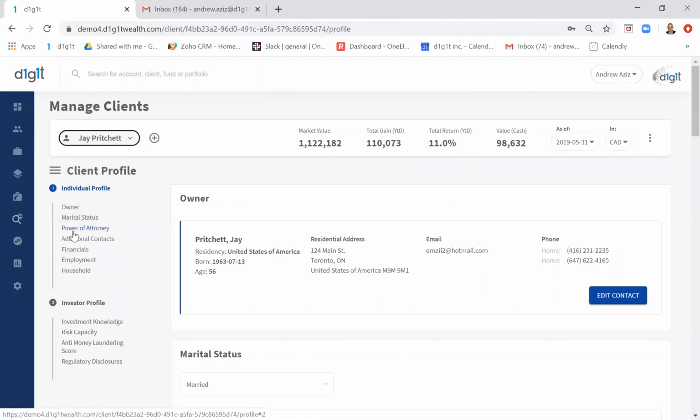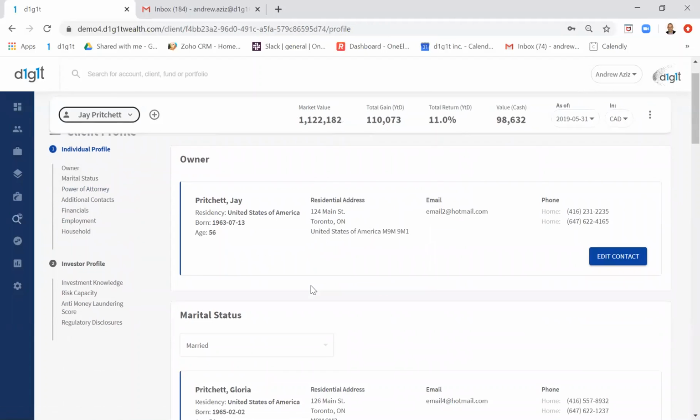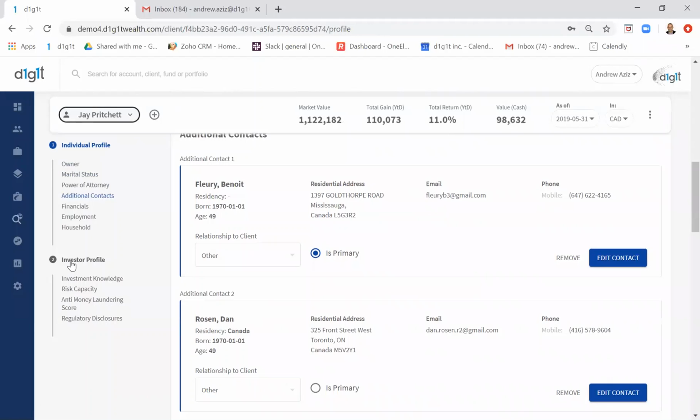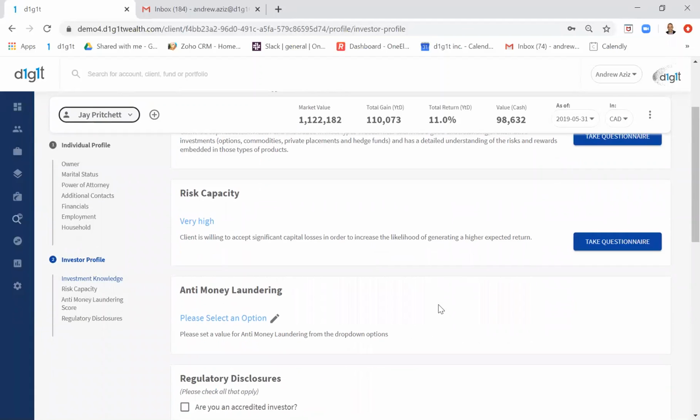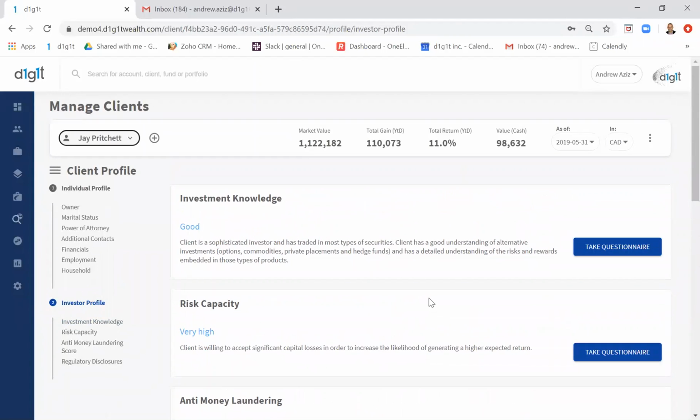Let's look at his client profile. We see his KYC information. If we go into his investment profile, we see that he has been determined as having very strong investment knowledge and a very high capacity for taking on risk.